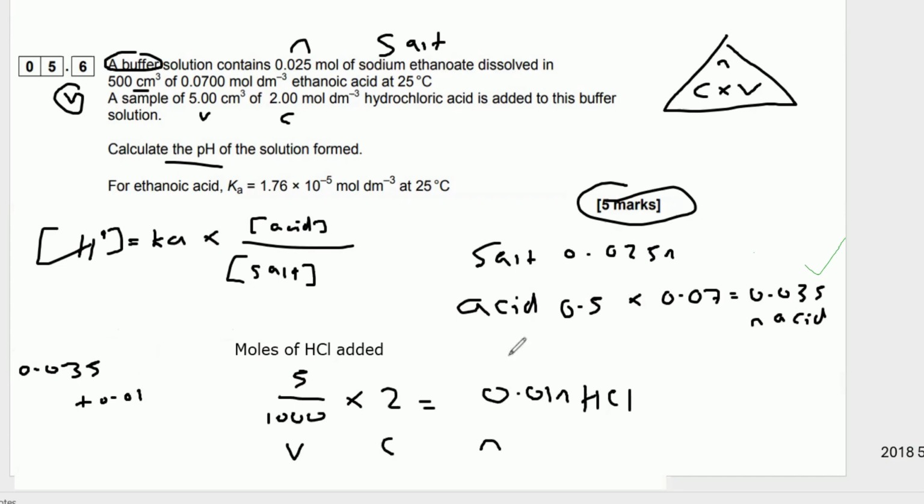In my Ka equation, my acid is now going to be 0.045. And for the salt, I want to do 0.025 minus 0.01.